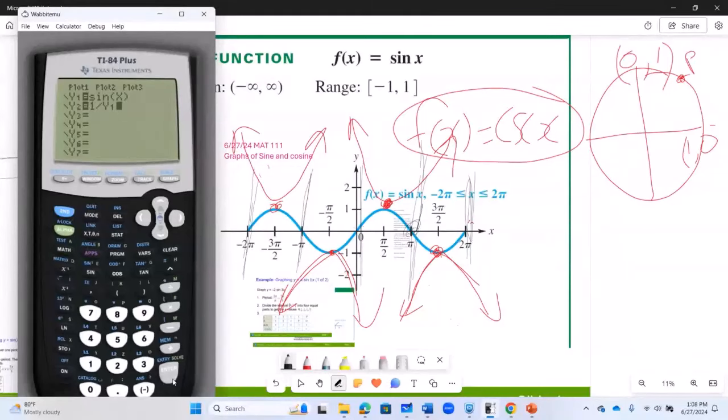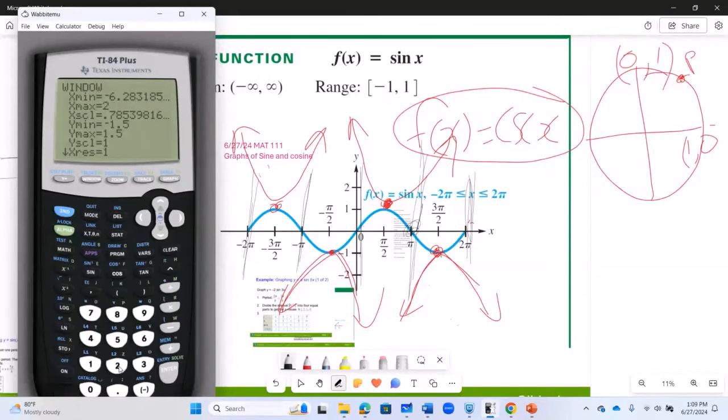Then I will go back and adjust my window. Let me make the window from negative 2 pi to 2 pi. Remember that pi is under the caret.